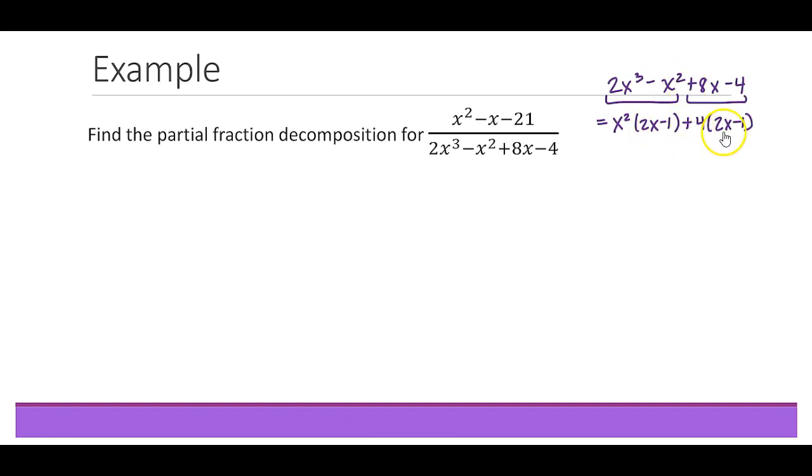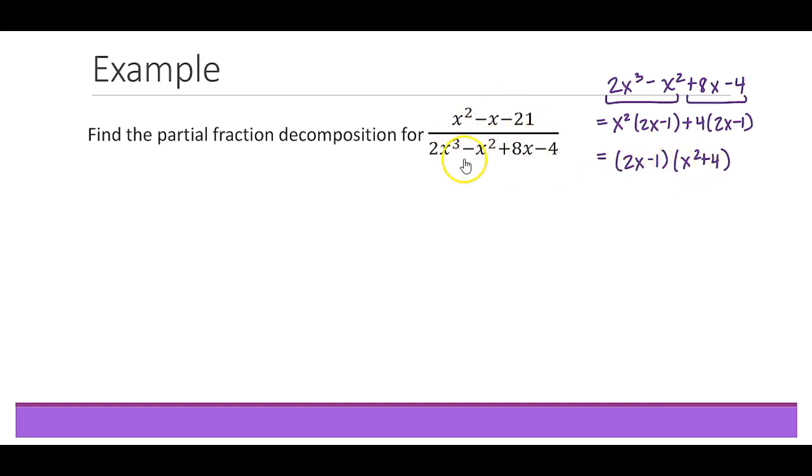So that quantity 2x minus 1 is in common in both terms now. So if I factor that out, 2x minus 1, I'm left with x squared plus 4. Well, x squared plus 4 is an irreducible quadratic. I cannot factor it any further. So this is my denominator factored.